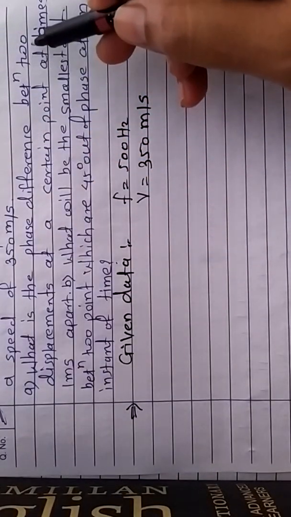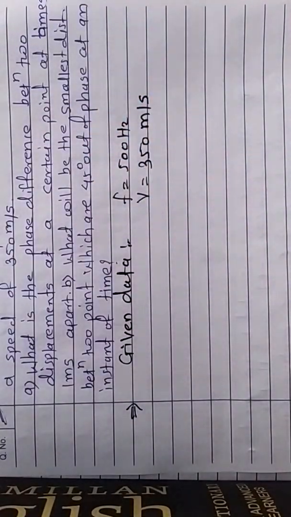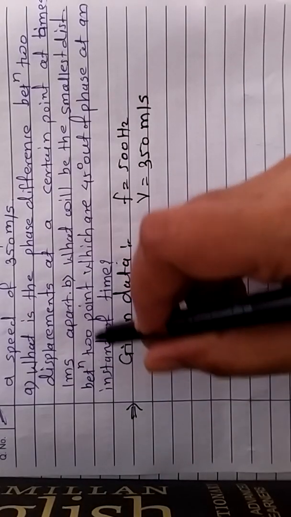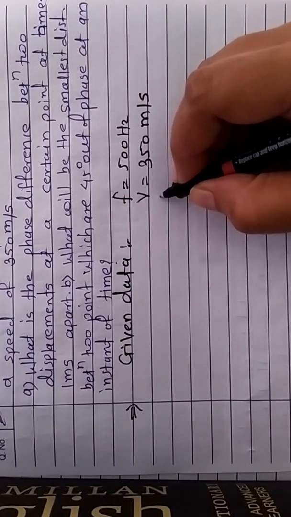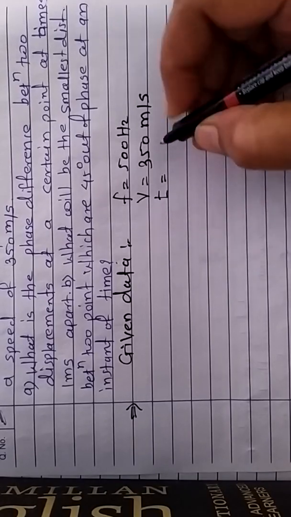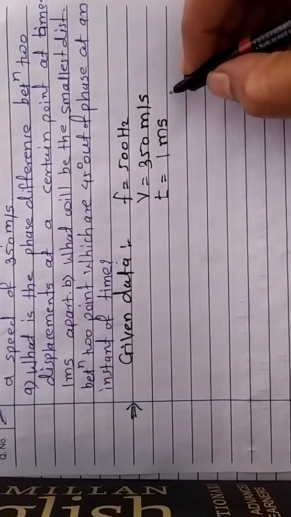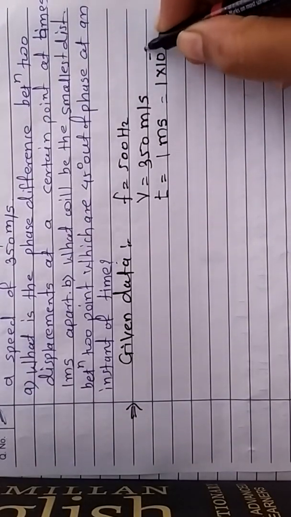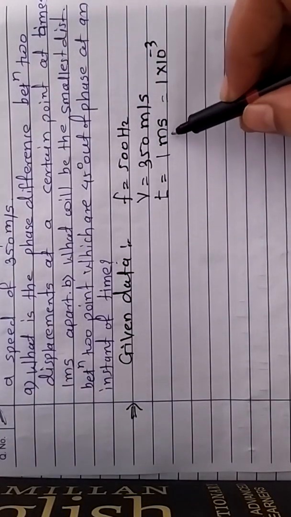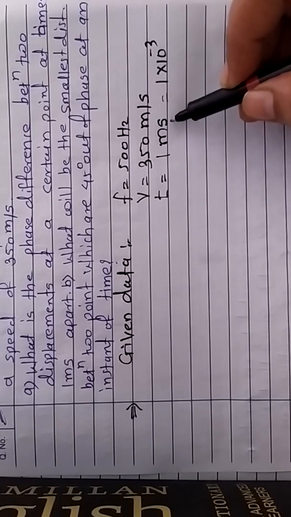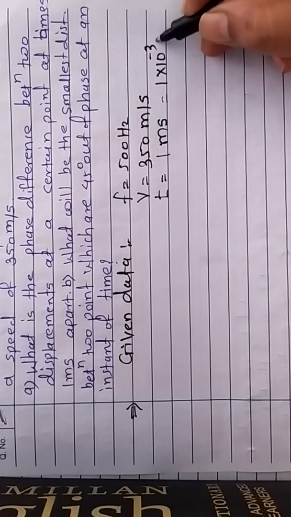The phase difference between two displacements at a certain point at times 1 millisecond apart means t is equal to 1 millisecond. Milli means 1 into 10 raised to minus 3, the conversion factor between millisecond and second: 1 into 10 raised to minus 3 second.